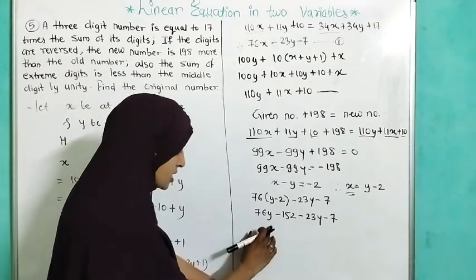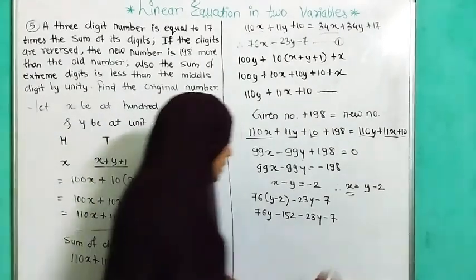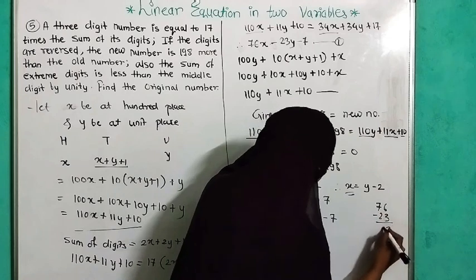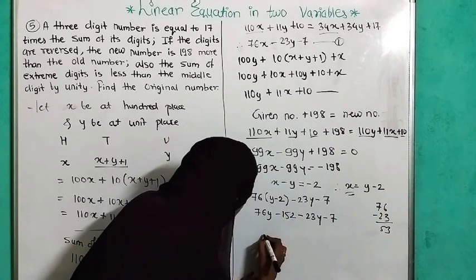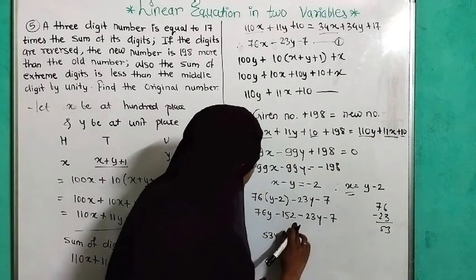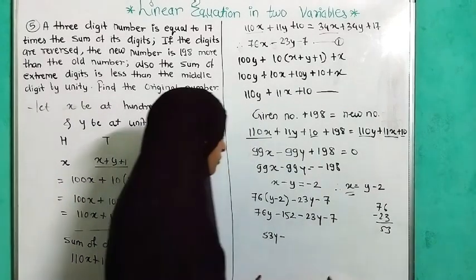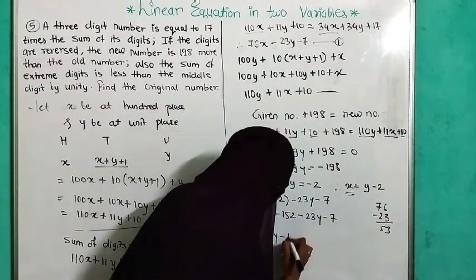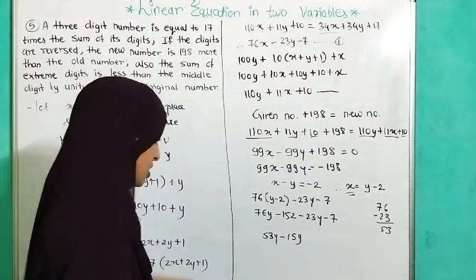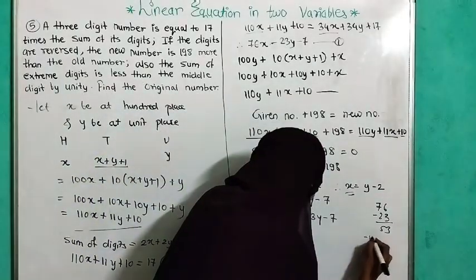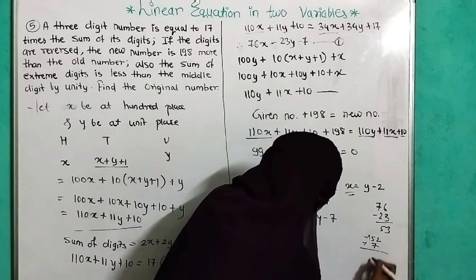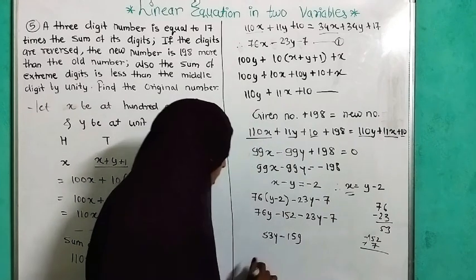Now 76y minus 23y, 76 minus 23 is 53. So we get 53y minus 152 minus 7. Then 152 plus 7 is 159. Minus and minus get plus, and with the minus sign, so 159.